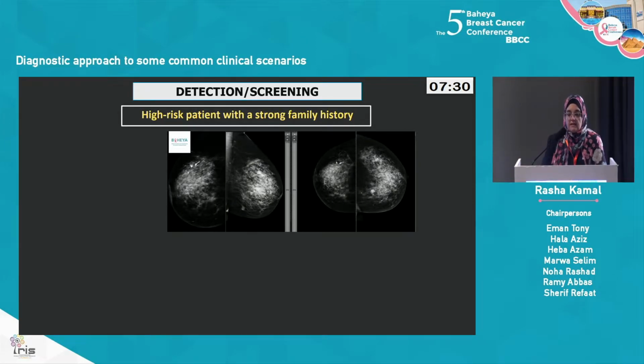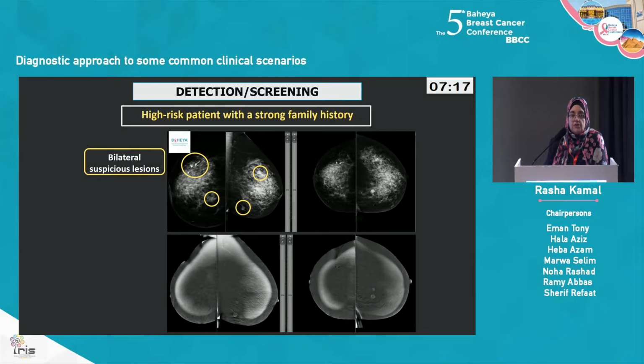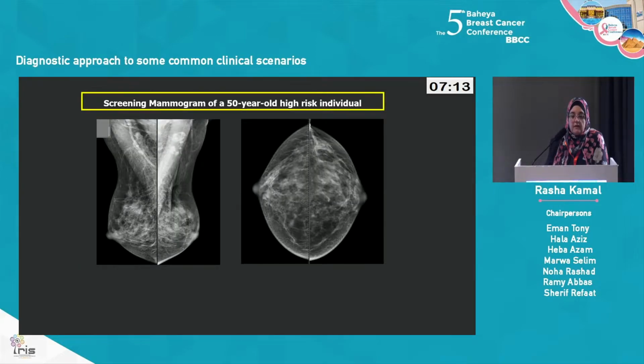She has a heterogeneously dense breast, and this is common with high-risk individuals. She had multiple areas of concern within both breasts, and the true area of concern is only seen on the contrast mammogram, where she had a multifocal carcinoma in the left breast. This is another screening mammogram of a 50-year-old female high-risk individual.